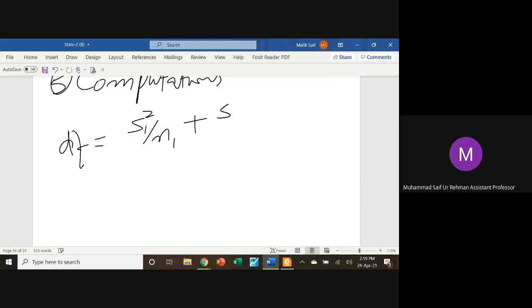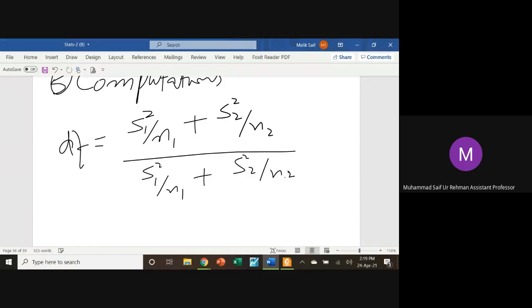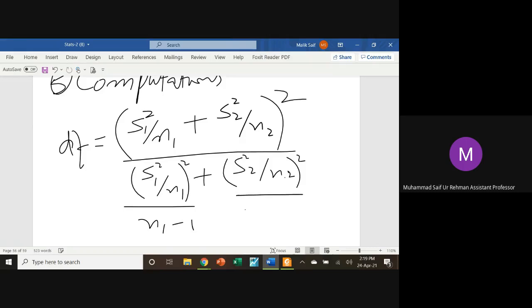Plus S2 square over N2. Again, write down this S1 square over N1 plus S2 square over N2. Here you have to take the whole square, and here in this case you have to take the square separately. And then you have to divide it by N1 minus 1 and N2 minus 1. So this is the formula that you will write down.